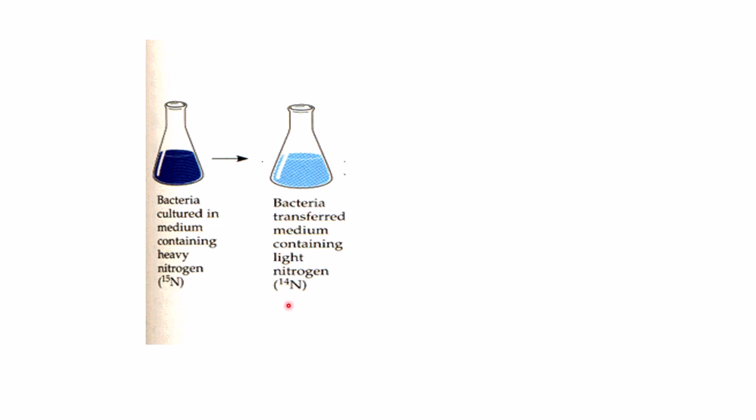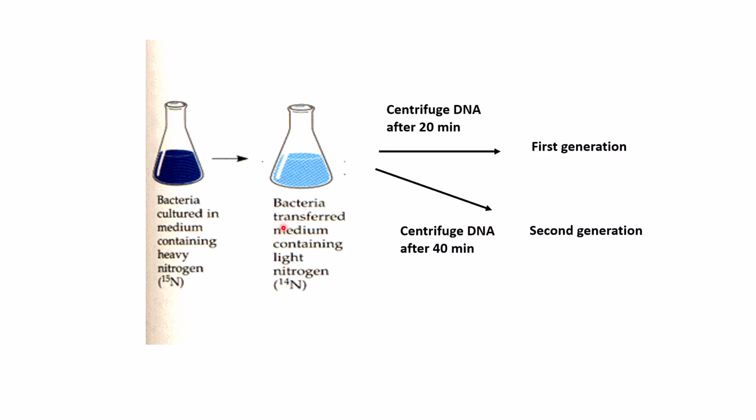Allow the cells to grow for 20 minutes and isolate the DNA and centrifuge it. This DNA is that of the first generation of the E. coli cells. From this same flask, now isolate the DNA after 40 minutes. This would give you the second generation DNA.